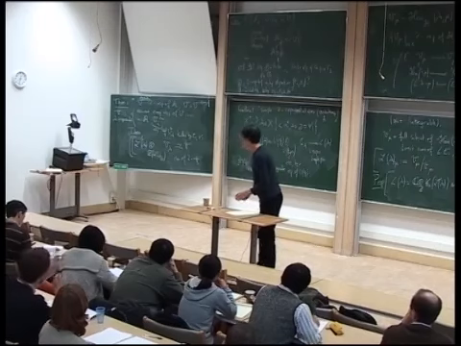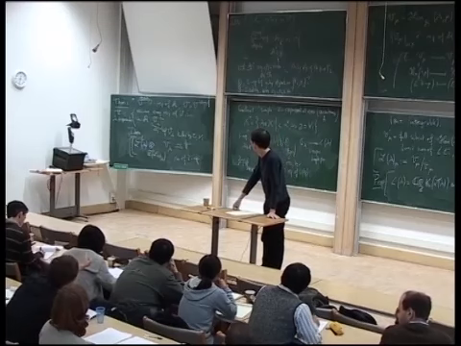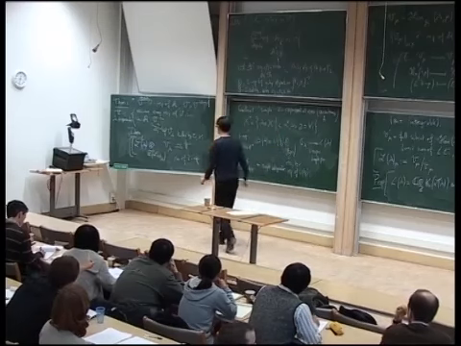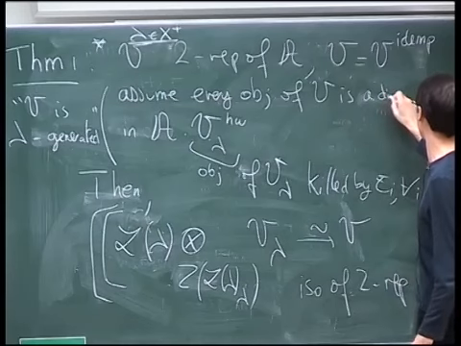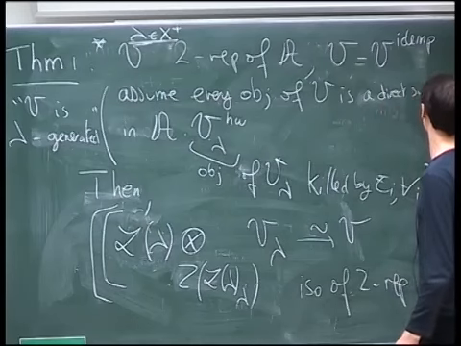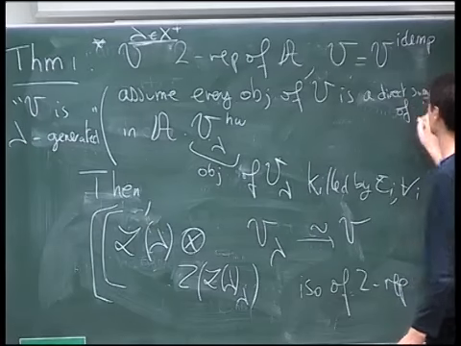Sorry, what are the objects you get in that category A acting on V lambda highest weight? So these are objects that are direct summands of... Ah, right, okay. Thank you.